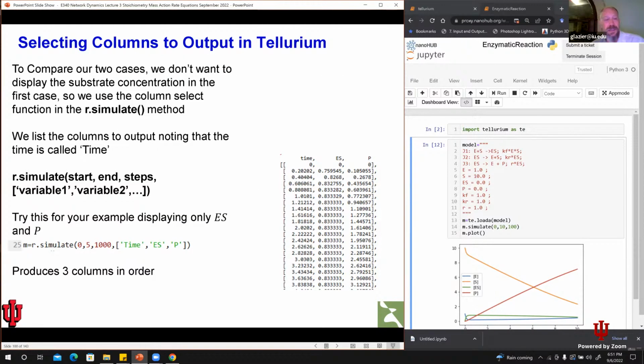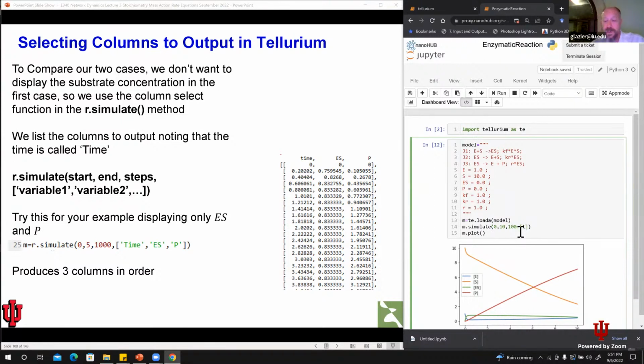The last thing is, when you're using tellurium, so far we've always used tellurium to plot all of the variables, but we can select the variables that we want to plot. The way we do that is we add at the end of our simulate function a list of the things we want to print out.